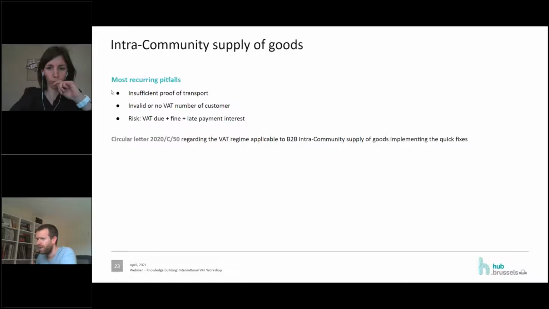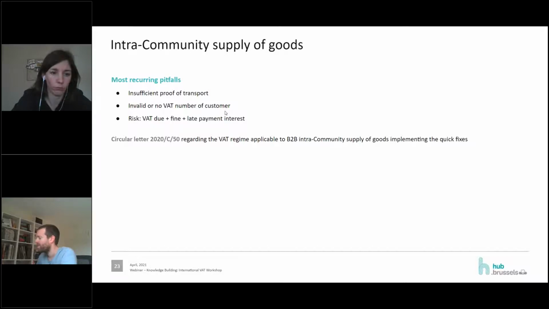As I touched upon, we now have a circular letter that has been published and that actually implements the quick fixes. I don't know if you heard about it, but it was in 2020, in order to harmonize the rules between all the member states regarding the application of this exemption, because before it was a bit different depending on the country you were established in.